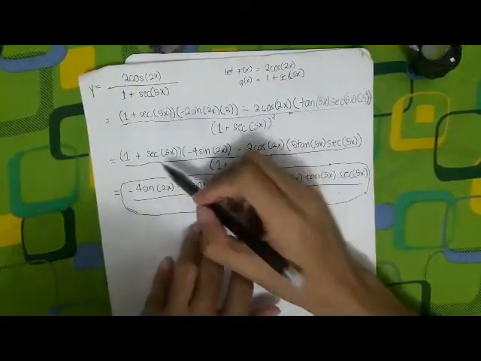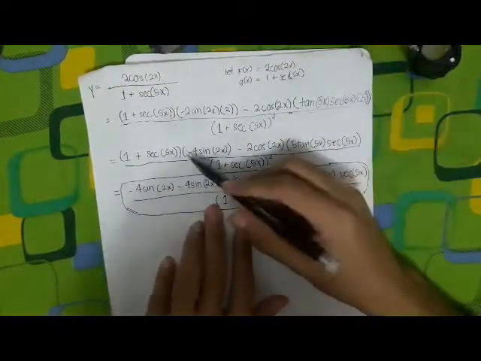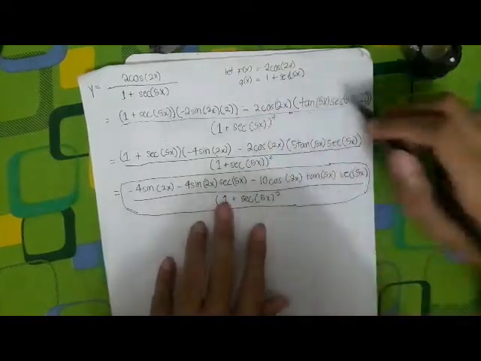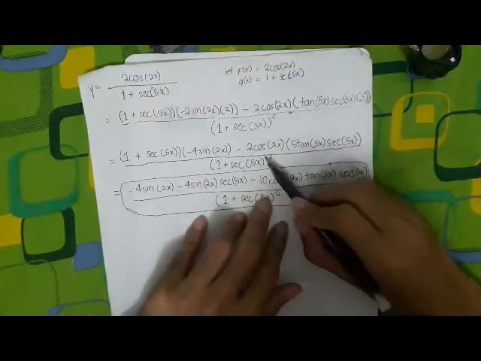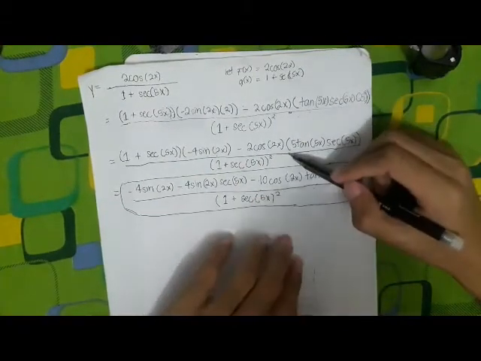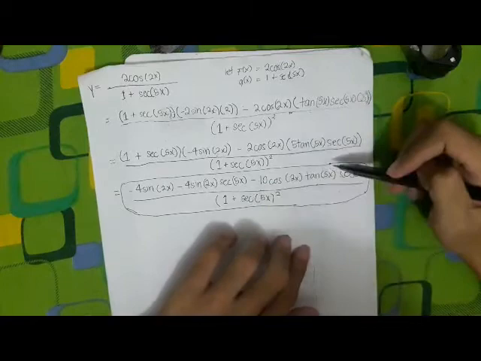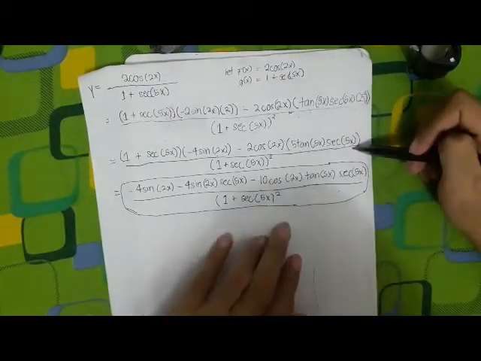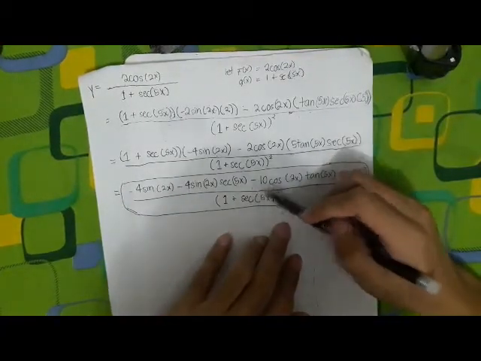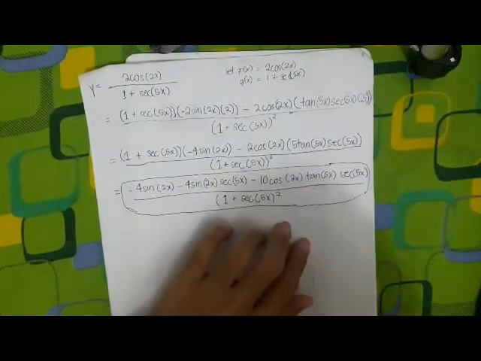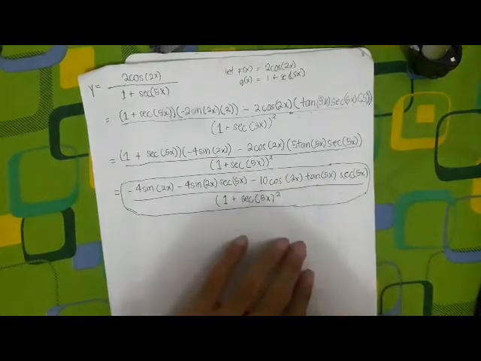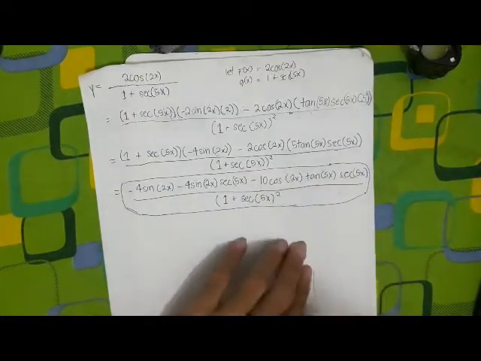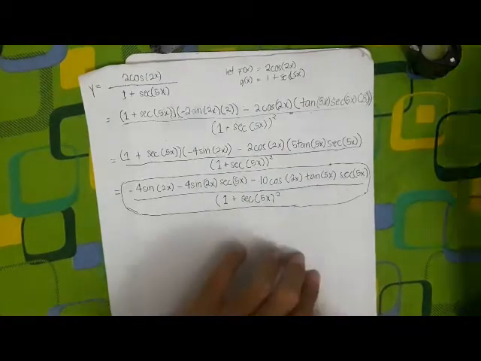Negative 4 sine 2x times secant 5x will be negative 4 sine 2x secant 5x, minus negative 2 cosecant 2x times 5 tangent 5x secant 5x, which equals negative 10 cosecant 2x cosine 2x tangent 5x secant 5x over 1 plus secant squared 5x.